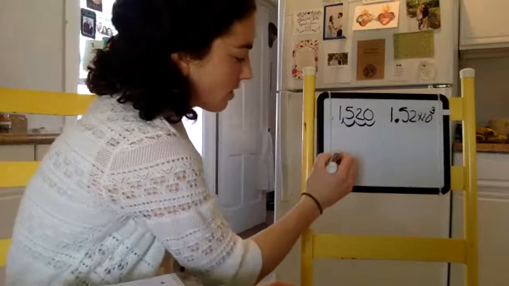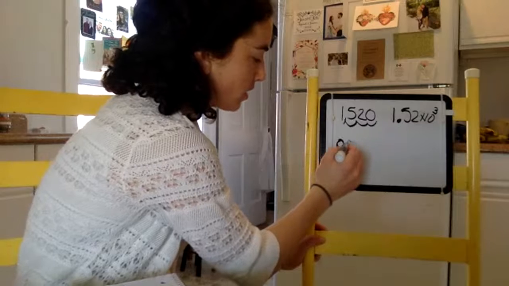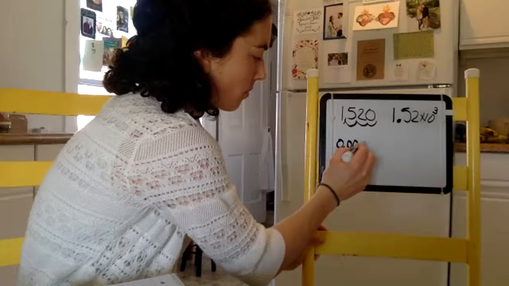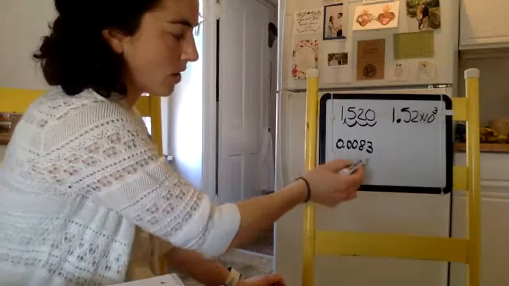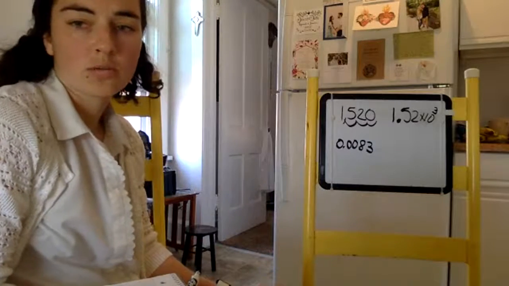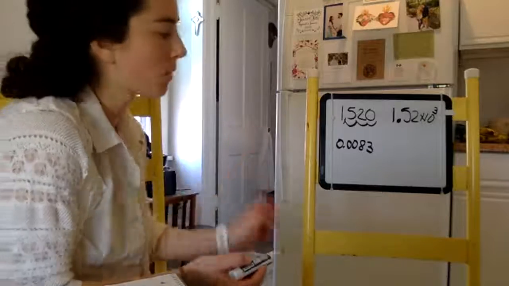Now, if we have a number like 0.0083, this number itself is smaller than 1. So it's a decimal smaller than 1.